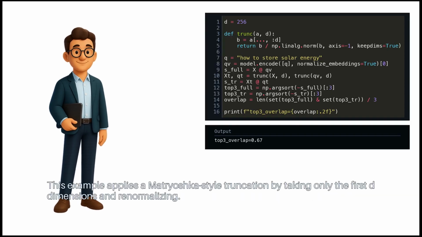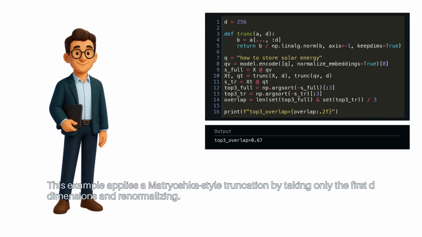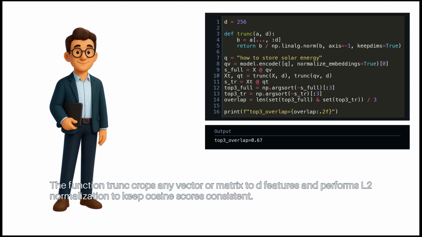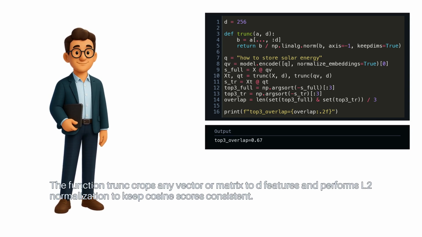This example applies a Matryoshka-style truncation by taking only the first d dimensions and renormalizing. The function trunc crops any vector or matrix to d features and performs L2 normalization to keep cosine scores consistent.